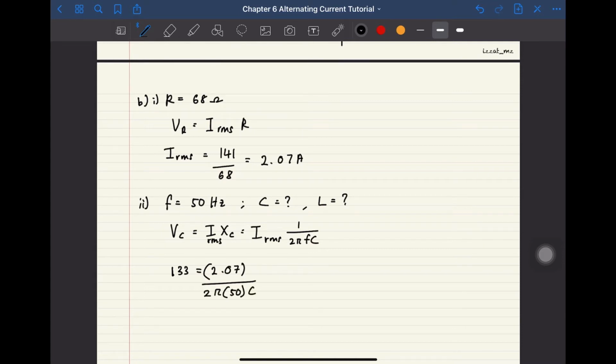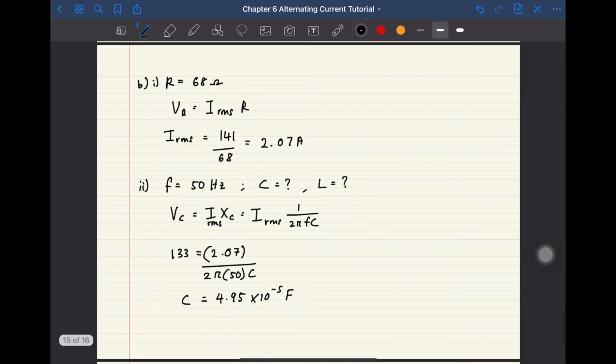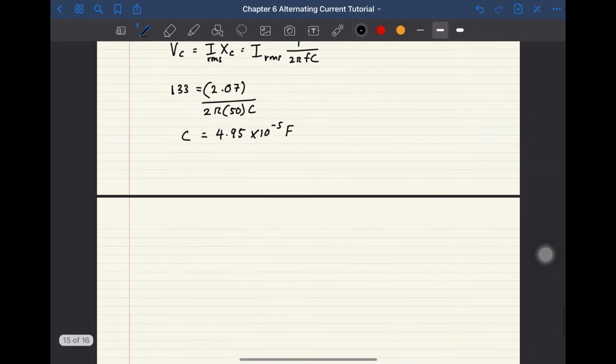So just press your calculator. The C would be 4.95 times 10 to the negative 5 farad. Now you have the value of capacitance.